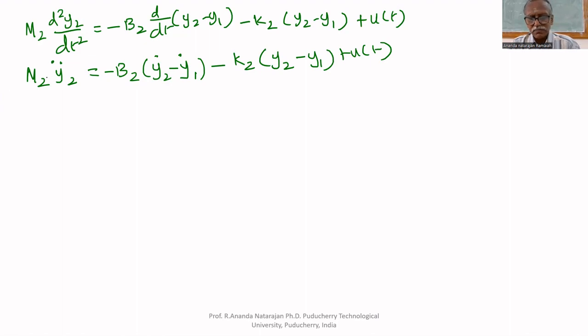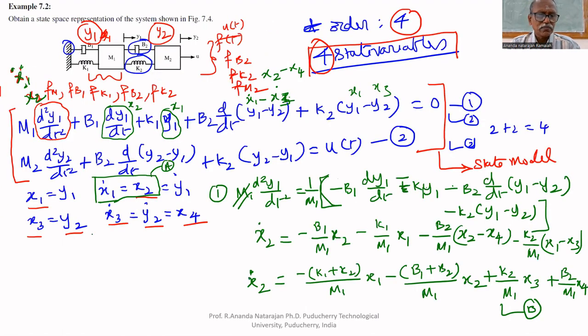y2 double dot is x3 dot. y2 dot equal to x3.